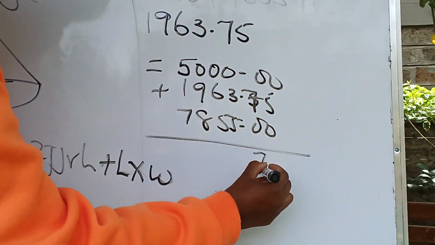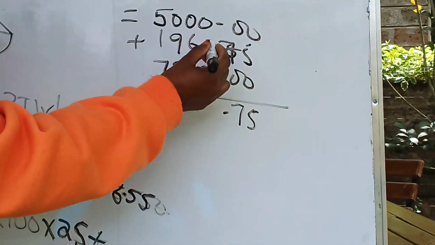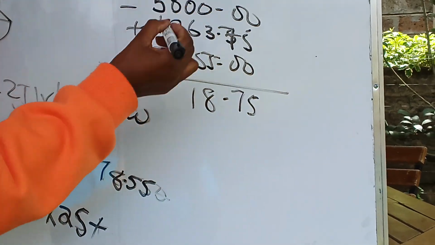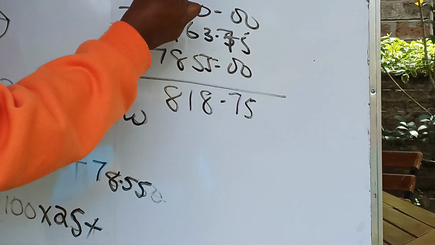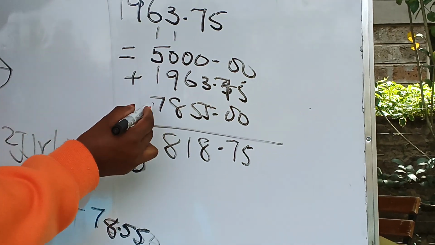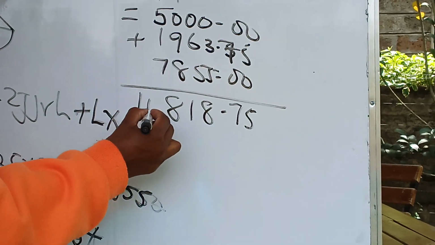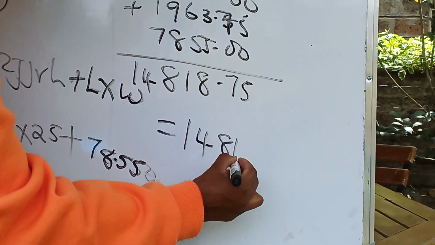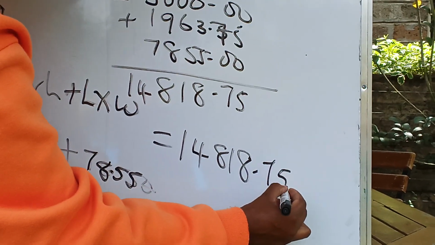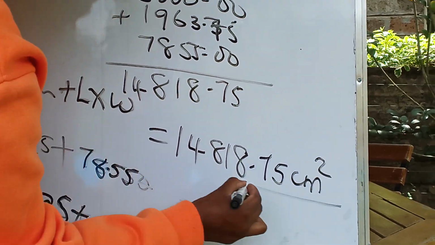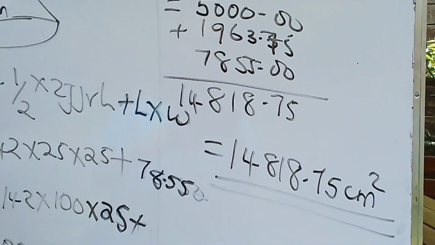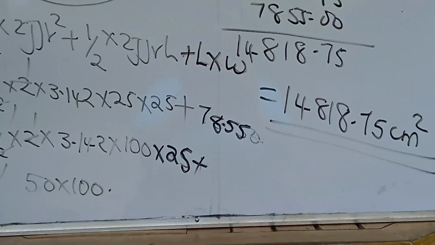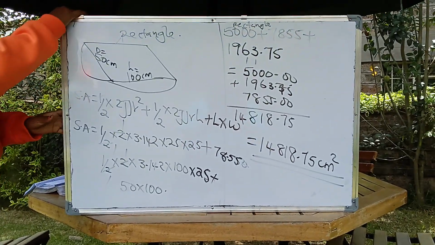This is 0.75 plus this is 8. This is 1, carry 1 here. 17, 18, carry 1 here. This is 6, 7. 7 plus 7, you get 14. And your answer becomes 14,818.75 centimeters squared. And that becomes the correct answer. Are we together? Yes. And that marks the end of today's session. Thank you.